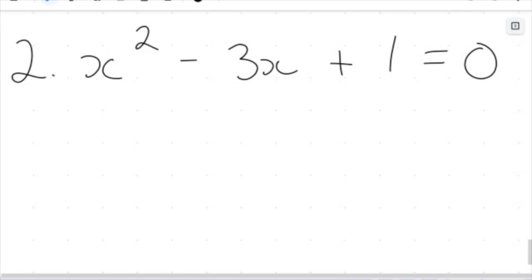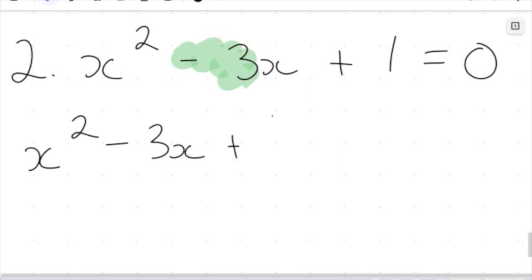Now, what are we going to do here? Well, remember, we take our b coefficient, halve it, and then that's going to be used to complete our square. So I have x squared minus 3x plus minus 3 on 2 all squared.